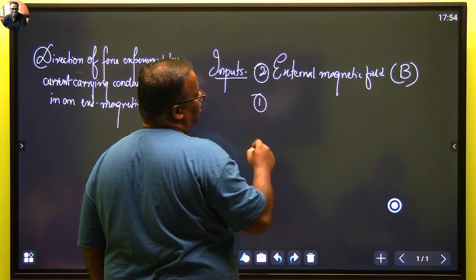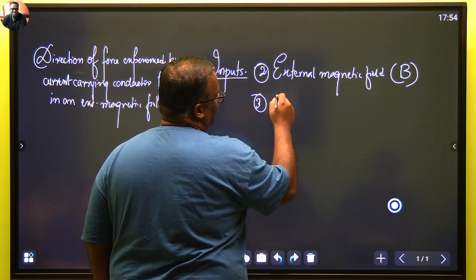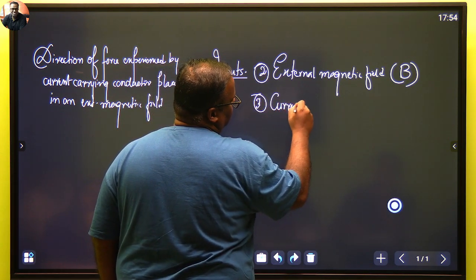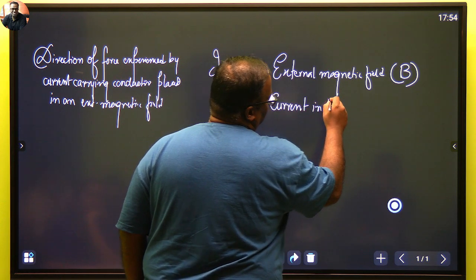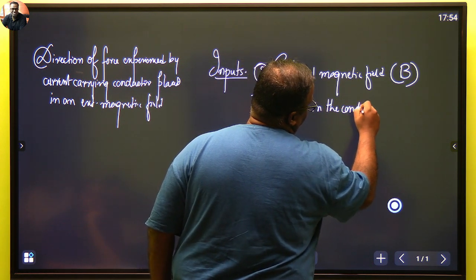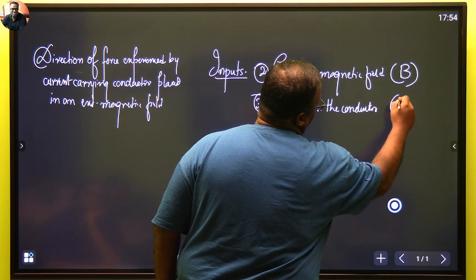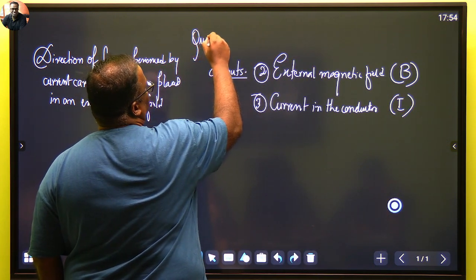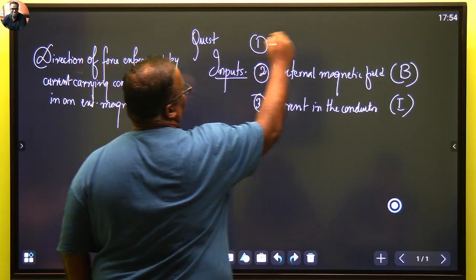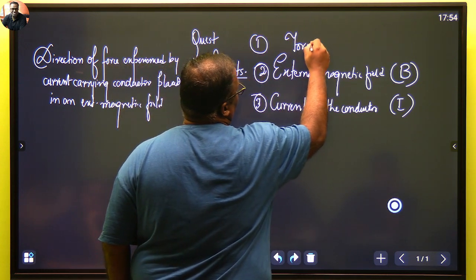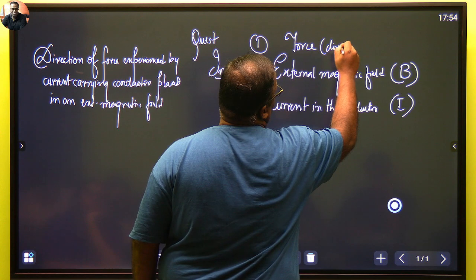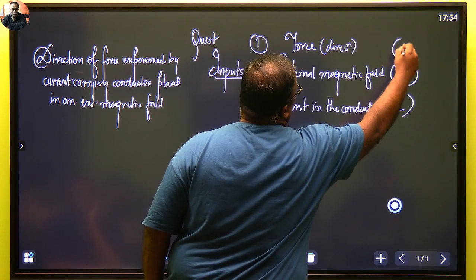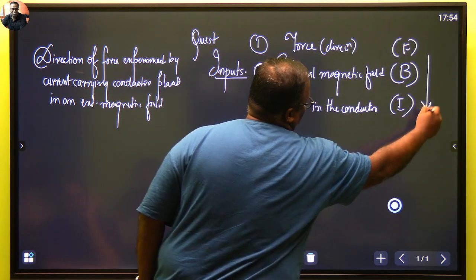What is our input? Input number 3. Then we have the current in the conductor. This is I. And you know what is our quest? Our quest is number 1, all about the force. That is basically the direction. इसको हम बोलेंगे F. और इसी ऑर्डर में याद रखिए FBI.